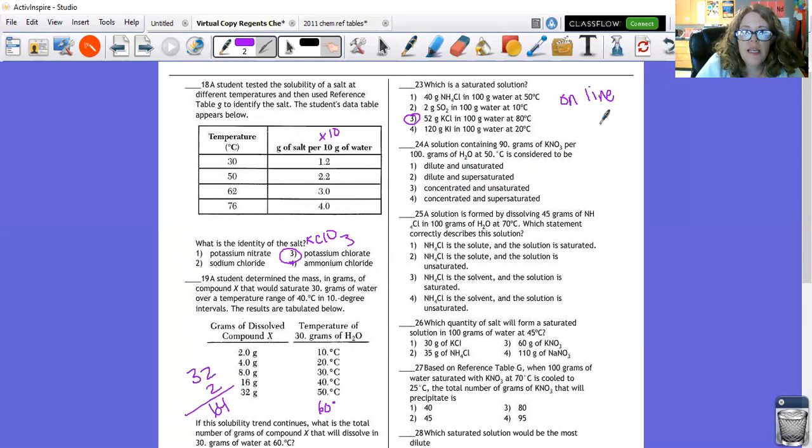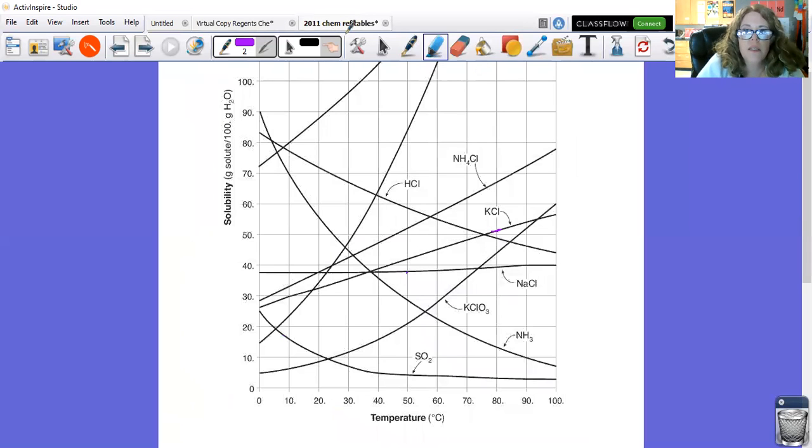A solution containing 90 grams of potassium nitrate in 100 grams of water at 50 degrees Celsius is considered... All right, I have saturated and unsaturated, dilute and concentrated. I need to find the point on this line. So I need to find 90 grams and 50 degrees. So 50 degrees and 90 grams is right here, okay?